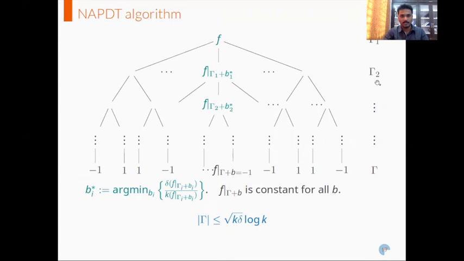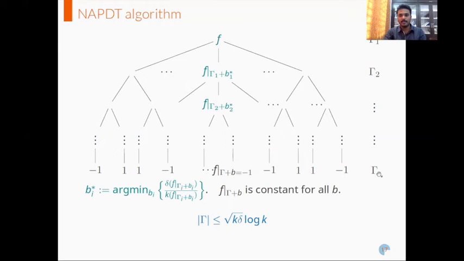Again, on all functions in level 2, query gamma 2, and you get a bunch of functions in level 3. In level 3, pick the function which has the least delta by k ratio, and you again apply Chang's lemma on that. You proceed this way.